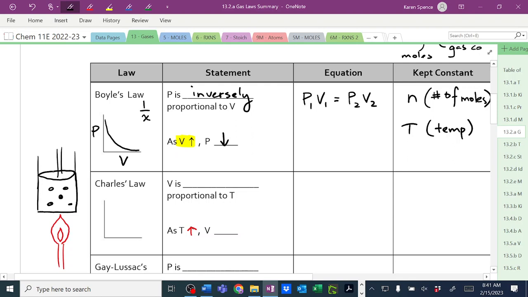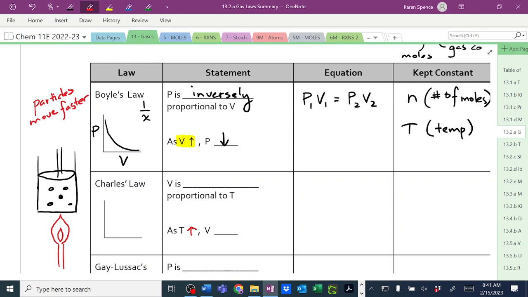What's going to happen to the volume as we increase the temperature? It's going to go up because the particles are going to move faster.